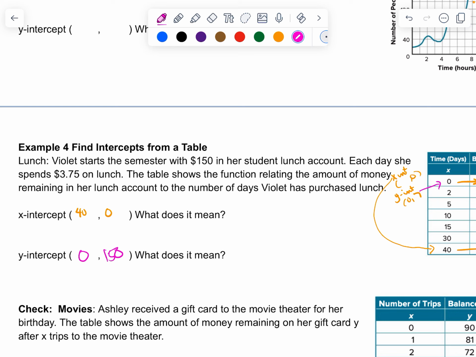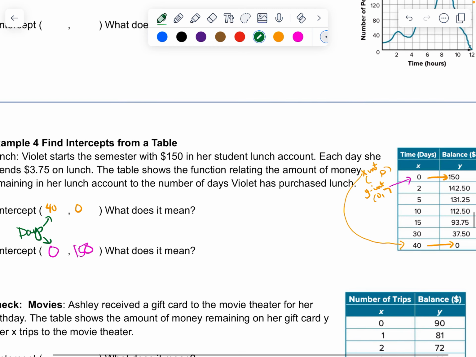So when we do this, the x's were days, okay? So these are the days. And then this is her balance in her account.